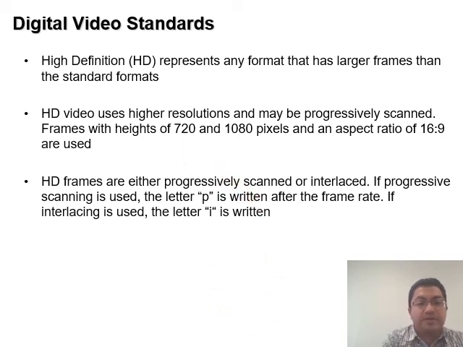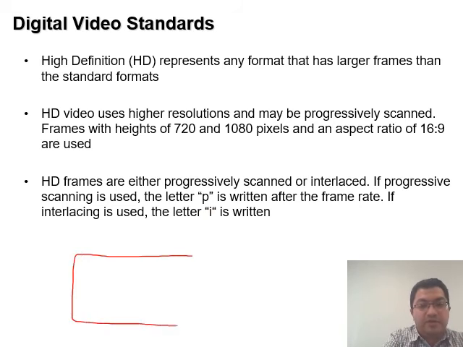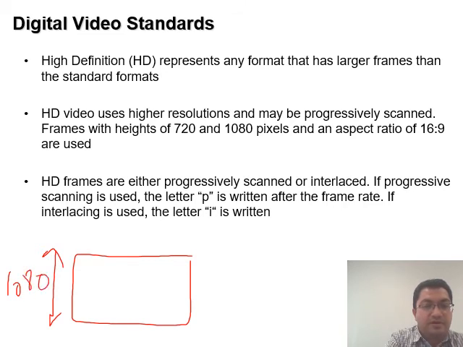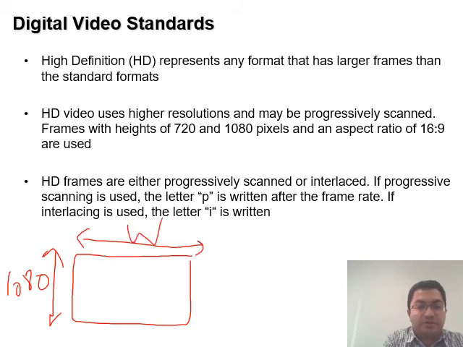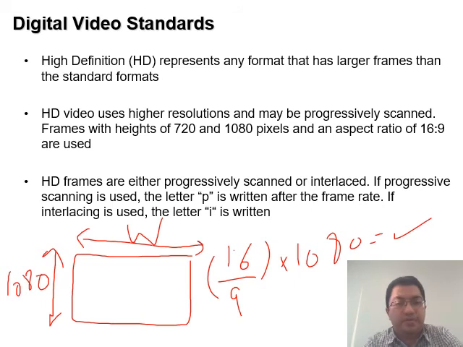For example, if I have an image like this, and it has 1080 lines, and we call the width W, we can obtain W from that ratio: you take 16/9 and multiply it by 1080, and that will give you the width of the image. So high definition always uses that aspect ratio, 16:9.